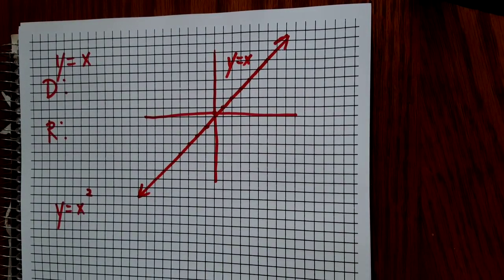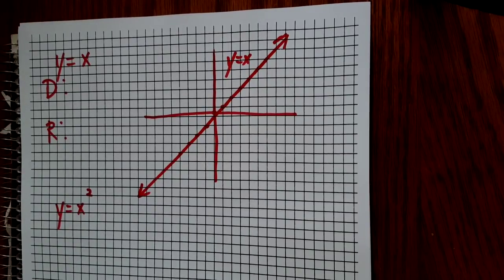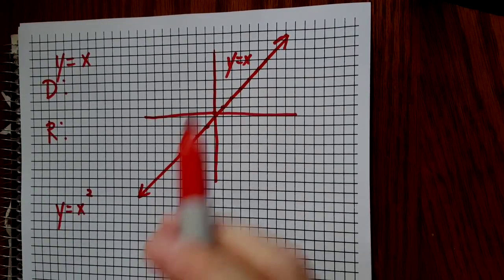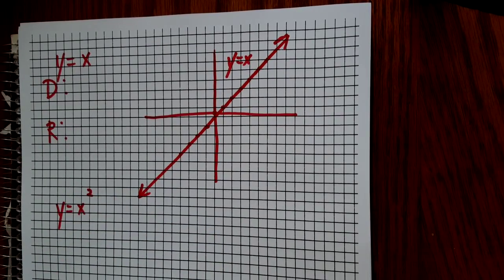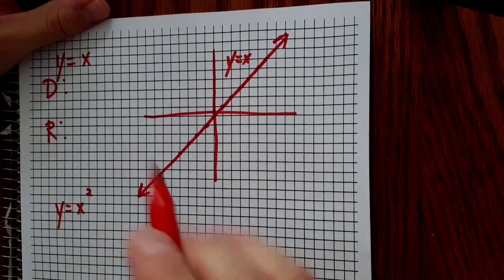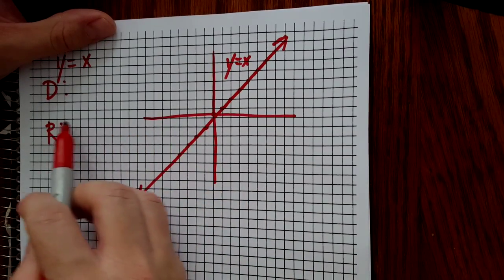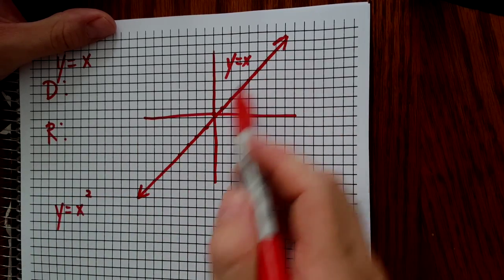So what I want you to do now is look at this graph. And now that you've looked at the graph, what we're going to do first is figure out what the domain should be. In another video, I talked about the domain, and I'll just briefly mention it here. The domain is really just all of the x values you're allowed to have for a given graph. So by looking at this, how many x values are going to be okay to use for this line?